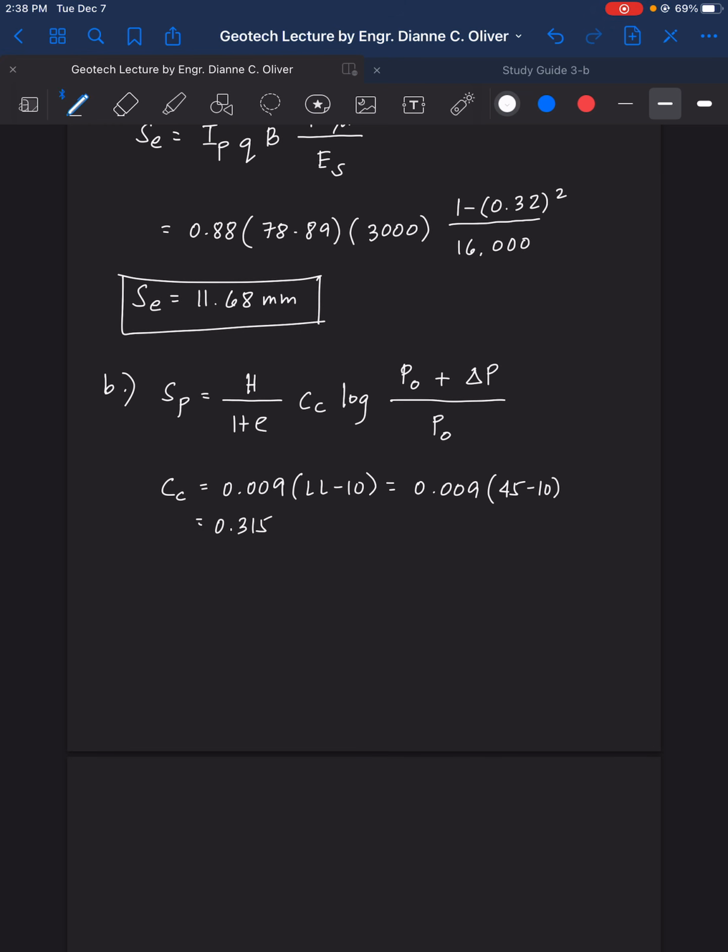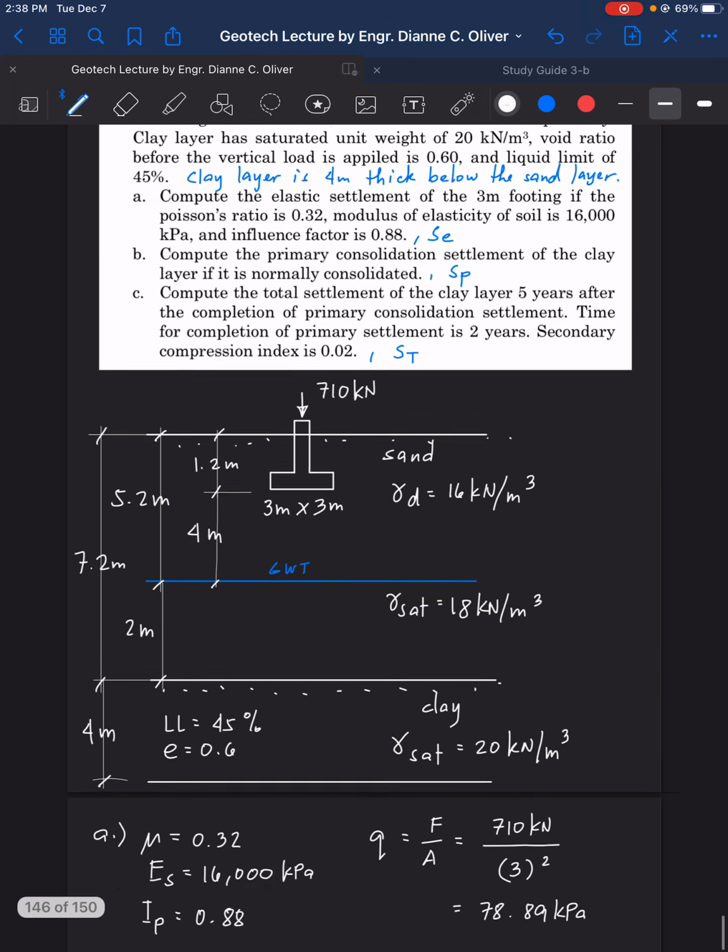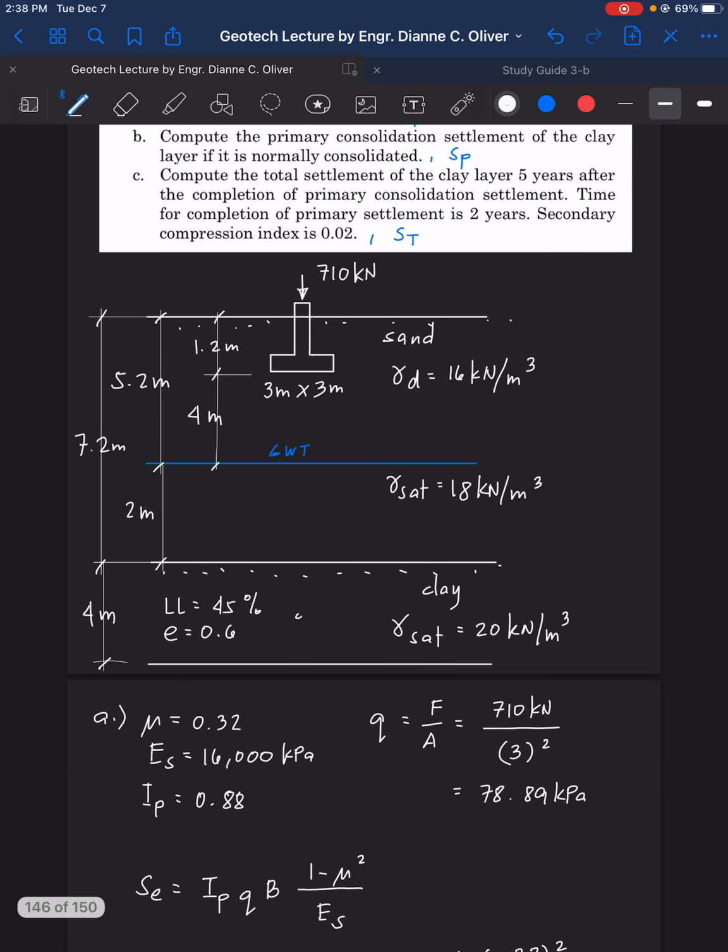Let's go to P sub O, the present overburden pressure.